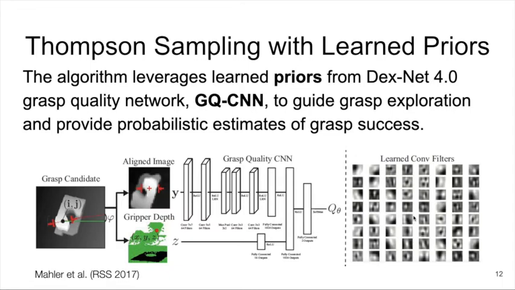We use a pre-trained grasp quality convolutional neural network from Dex-Net 4.0, GQCNN, to obtain an initial estimate of the probability of grasp success. GQCNN has a Q function, Q_phi, which, given an overhead depth image and the proposed parallel jaw grasp, estimates the probability of grasp success.